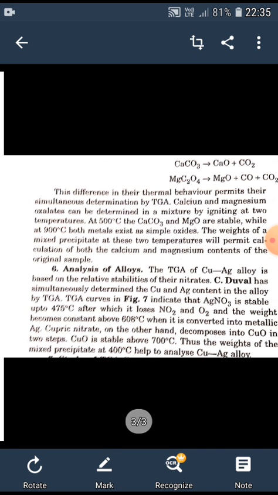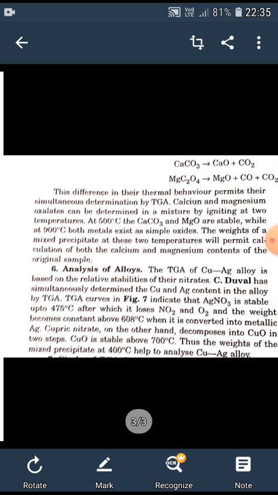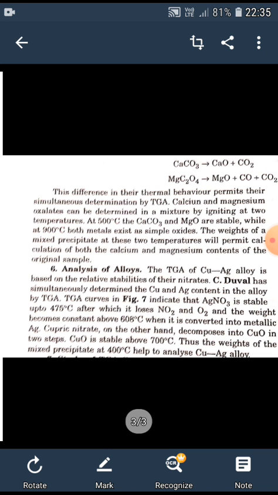Cupric nitrate, on the other hand, decomposes into copper oxide in two steps. CuO is stable above 700 degrees centigrade. Thus, the weights of the mixed precipitate at 400 degrees centigrade help to analyze copper-silver alloy.